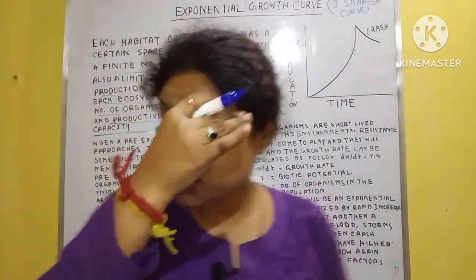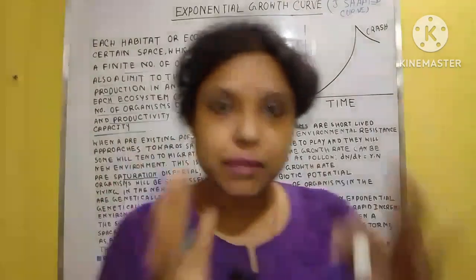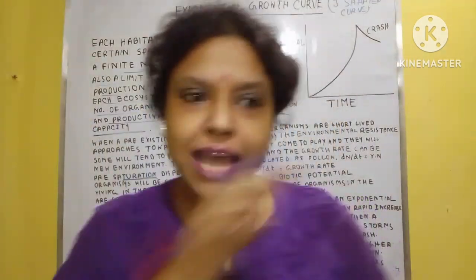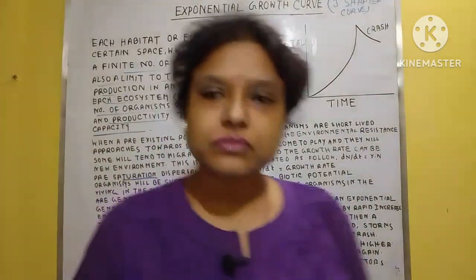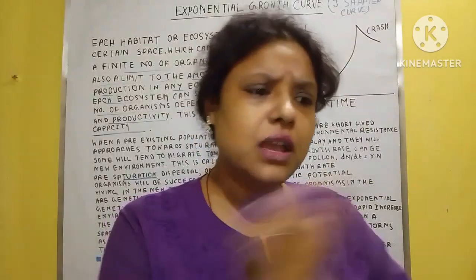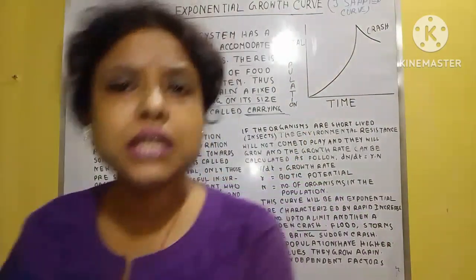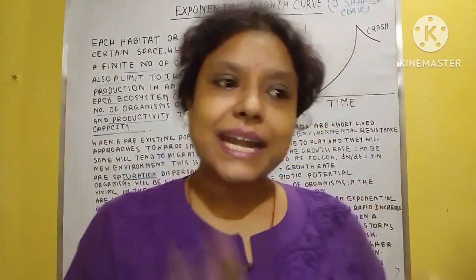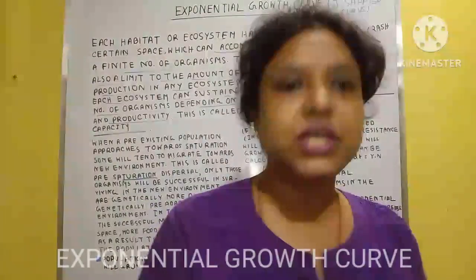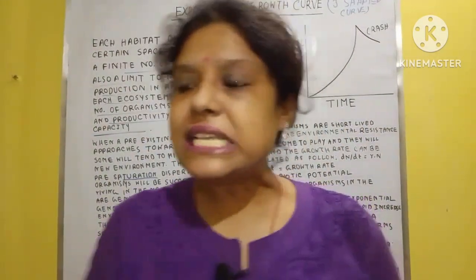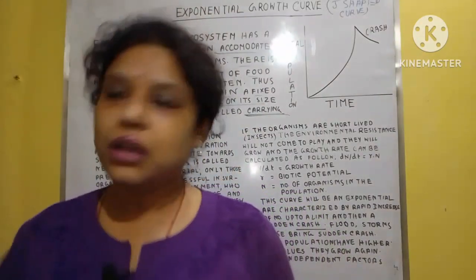So when a population is saturated, some individuals leave the original habitat for a new one. They must have adaptive capability and diverse genetic features, so that they can easily survive in the new habitat.